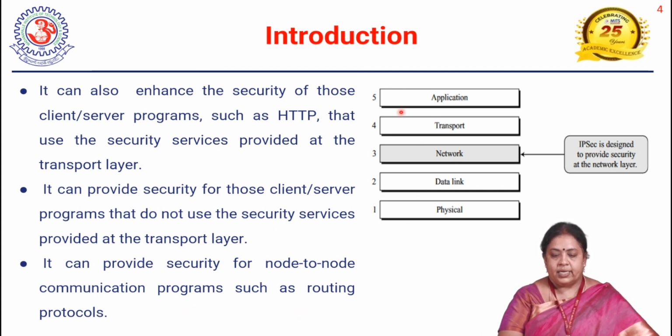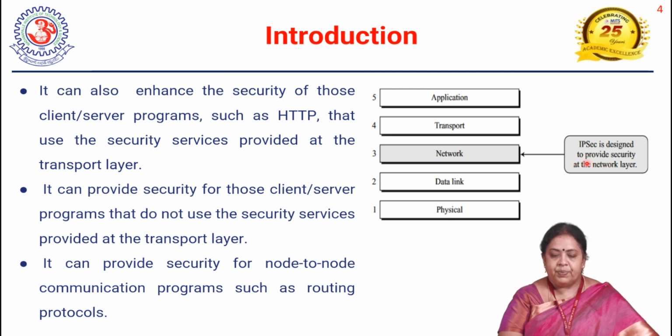We have already said these are the layers. These are the five layers of our internet model, what we call the TCP/IP model. Below is the physical layer. Above the physical layer we have the data link layer. Above the data link layer, we have the network layer. Above the network layer we have the transport layer, and above this, the application layer.